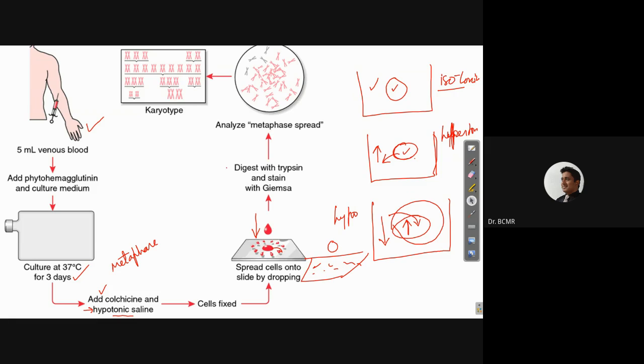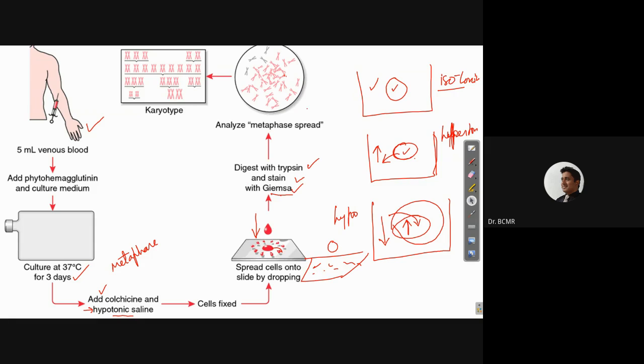Then we fix it, add trypsin to digest some of the chromatin and other proteins, and add Giemsa stain, and then we wash it off. On these chromosomes, some regions are highly stained and some regions poorly stained.